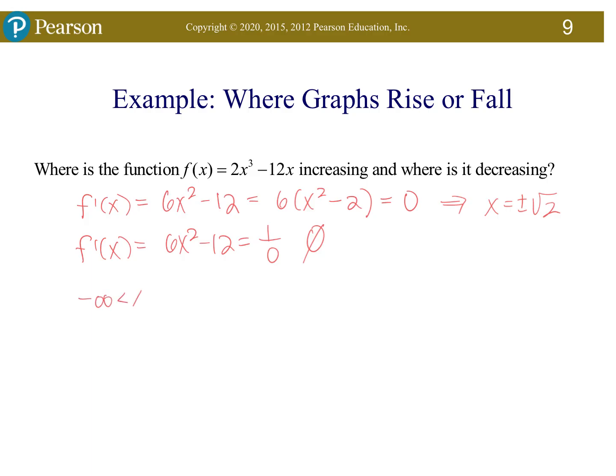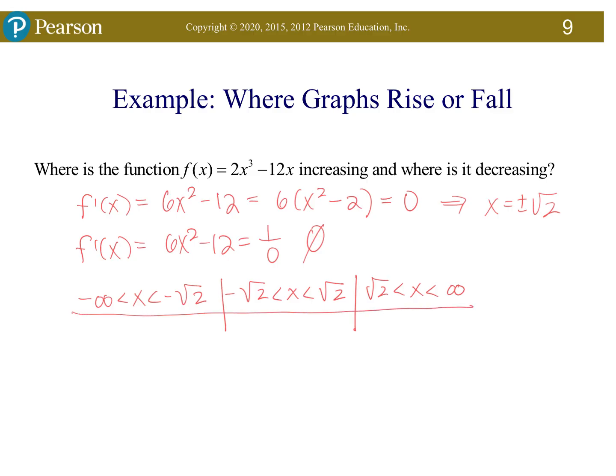So from negative infinity up to negative rad 2, and then from negative rad 2 up to positive rad 2, and then for everything greater than positive rad 2. And this will be checking the values of f prime.